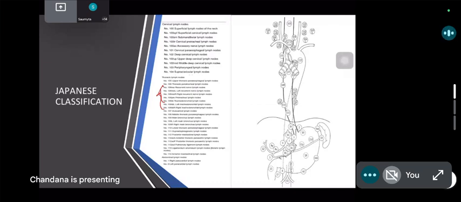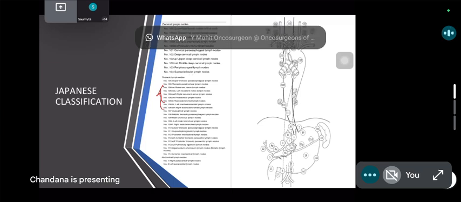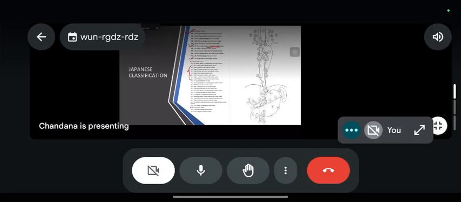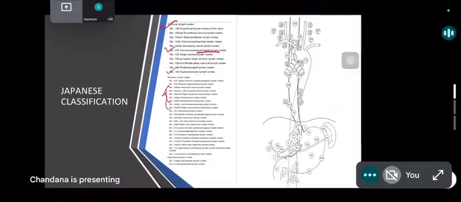So among cervical lymph nodes, 100 is superficial lymph node, 101 is paraesophageal lymph node, 102 is deep cervical lymph nodes, 103 is peripharyngeal lymph nodes, and 104 is supraclavicular lymph nodes. So for us the important ones are 100, 104 and 101. All the paraesophageal lymph nodes are removed when it is of station 1.